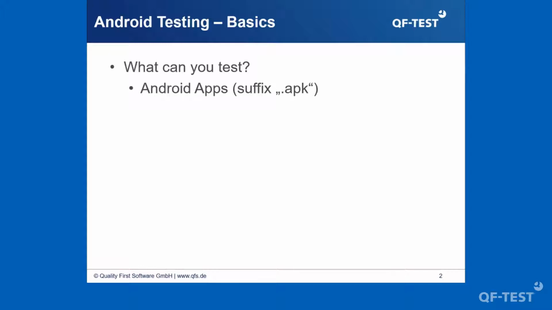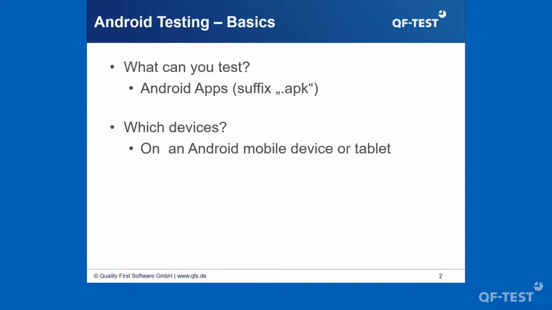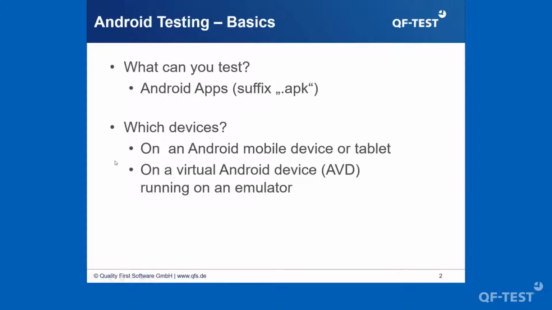So this is especially about Android apps. And on which devices? Either you have a real mobile device or tablet with Android, or you can also run the tests on a virtual Android device installed on your computer and run it on an emulator.